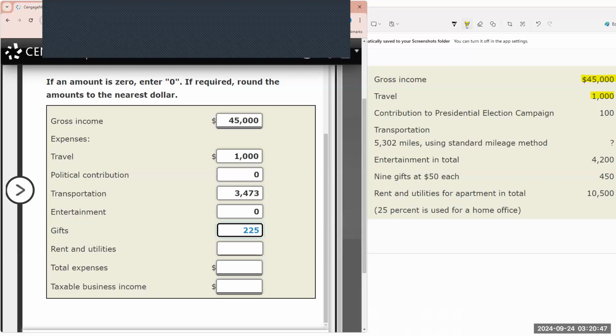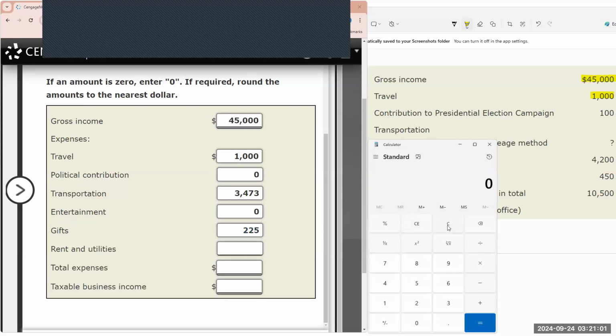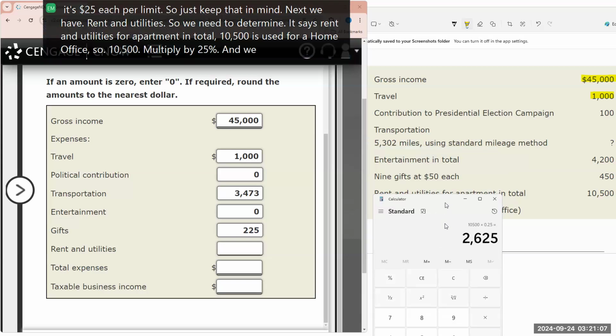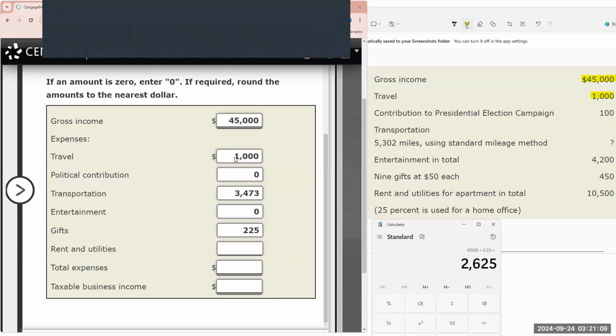Next, we have rent and utilities. So we need to determine, it says rent and utilities for apartment in total, $10,500. 25% is used for a home office. So 10,500 multiplied by 25%. And in this case, there's no limitation, because we see that there's clearly a big net profit, $45,000, $1,000.